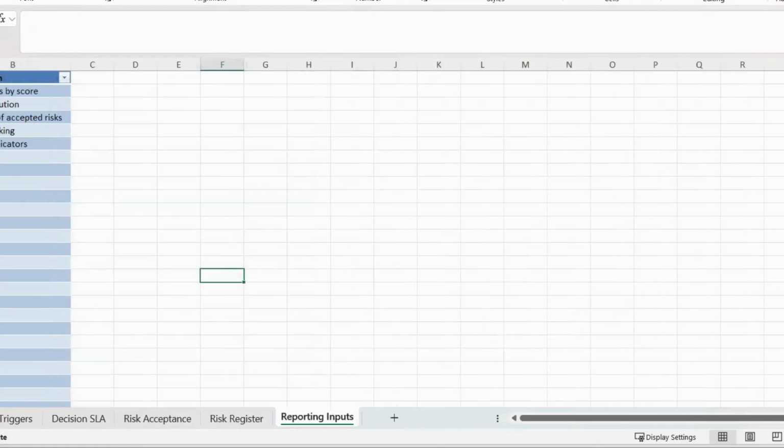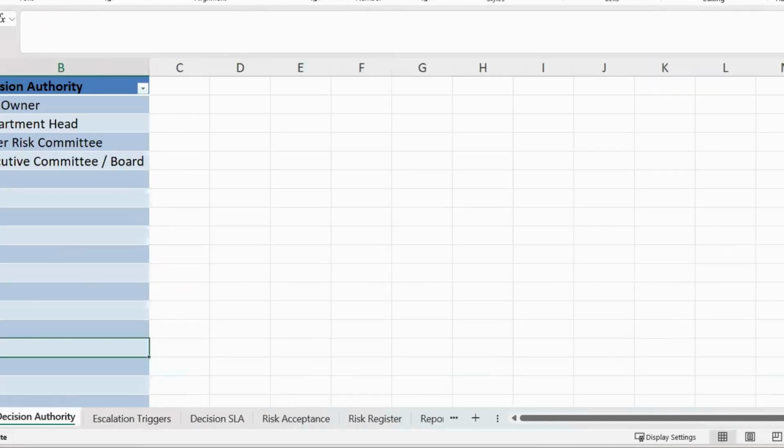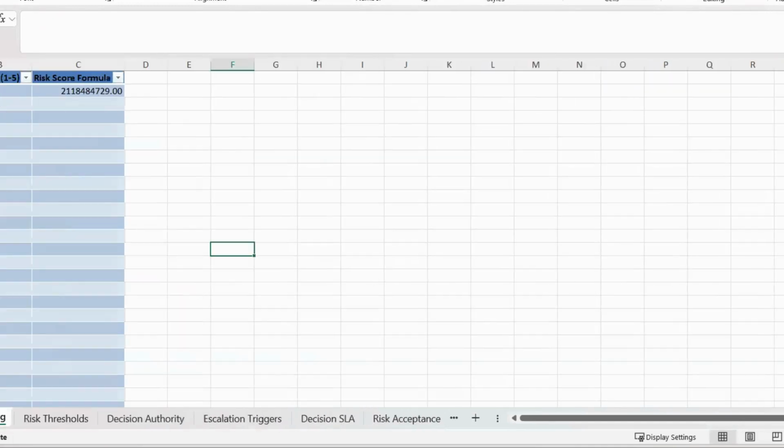These are the various components that are part of this overall process. In terms of your metrics, top risks, your descriptions, these are the things that you want to have as part of your risk charter.